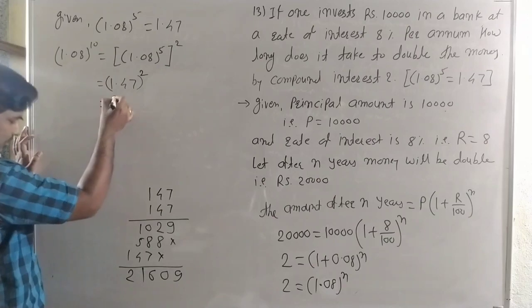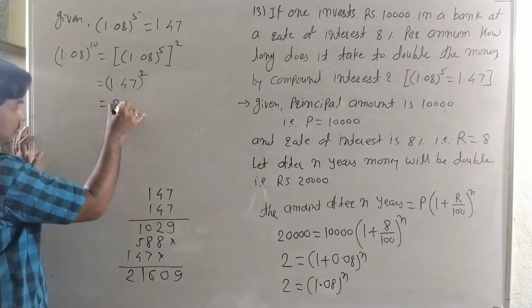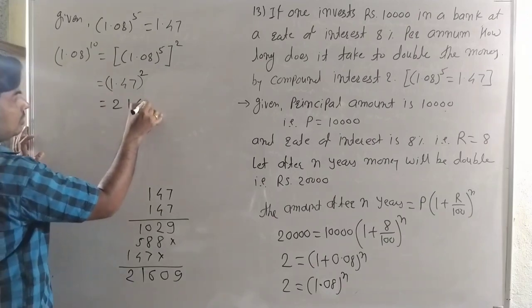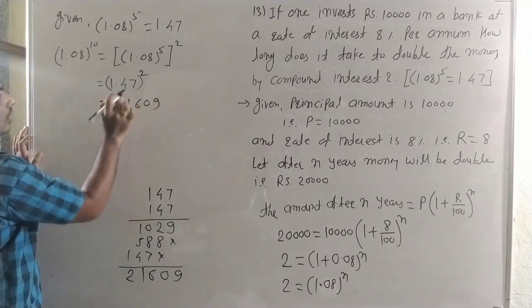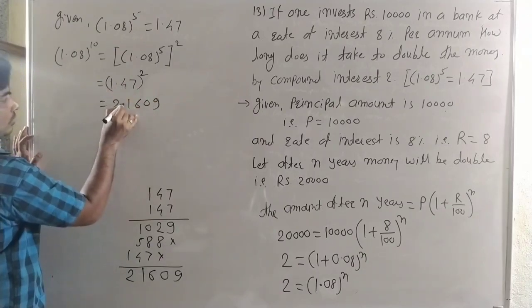Now the square of this term is 21609, with the decimal point after the first digit.